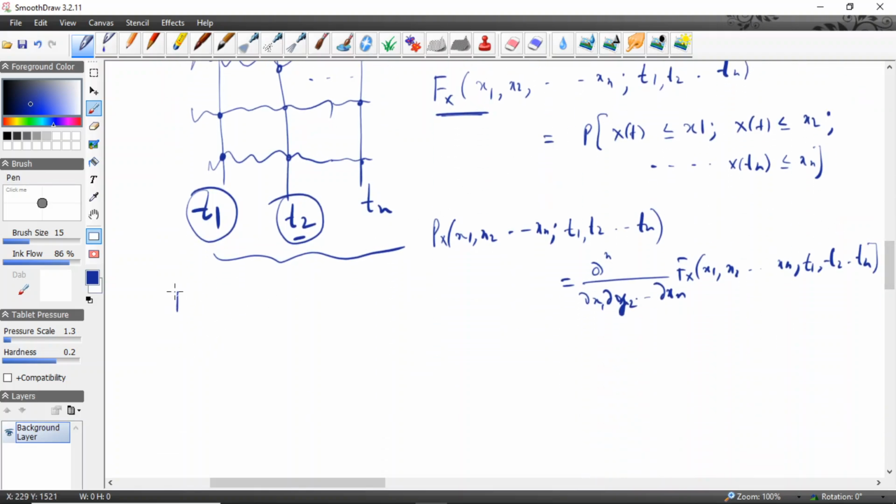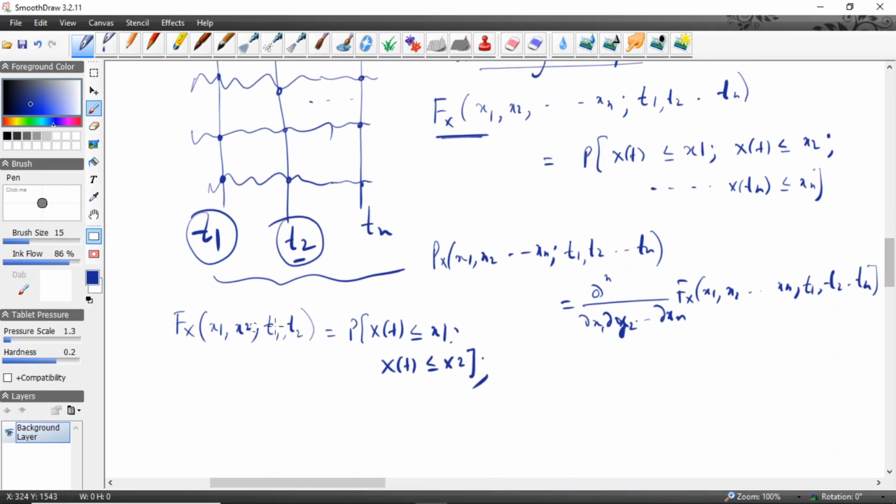This is the joint CDF of random variables x1 and x2, which are obtained at time intervals t1 and t2 respectively, is the probability of X(t1) less than or equal to x1 and probability of X(t2) less than or equal to x2.